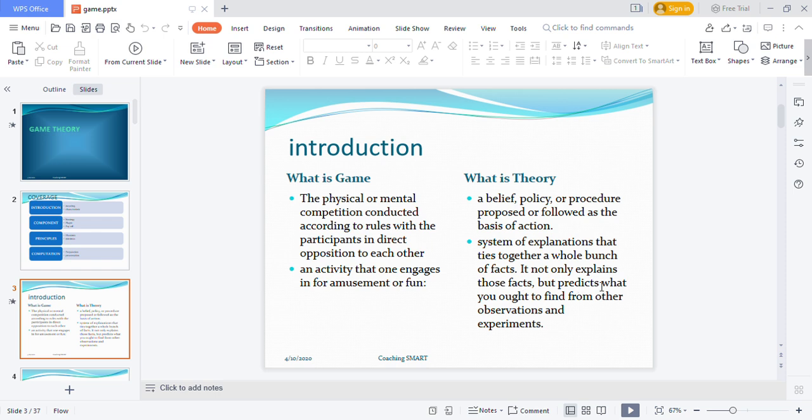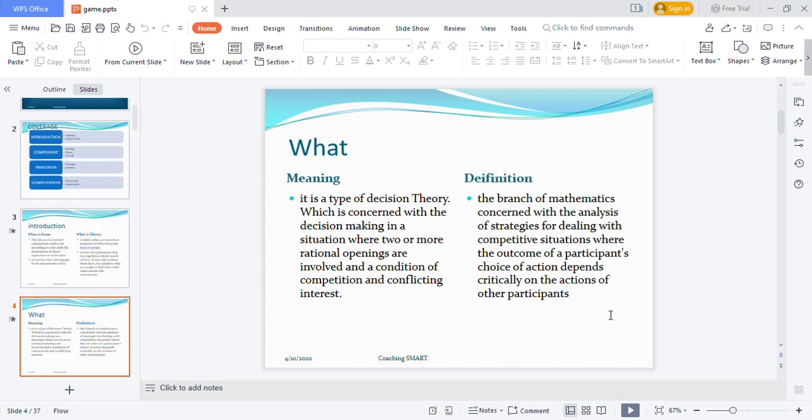It not only explains those facts, but predicts what you ought to find from other observation and experiment. So these are two critical terminologies which are married together.